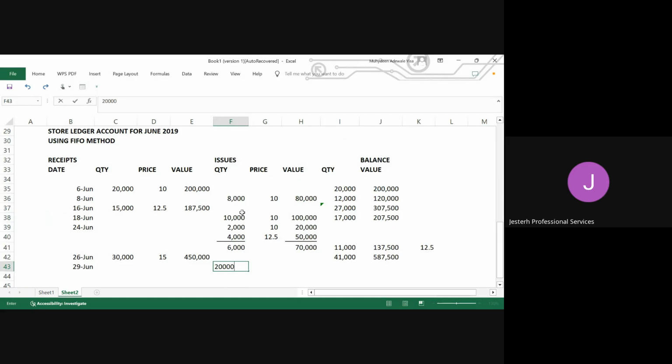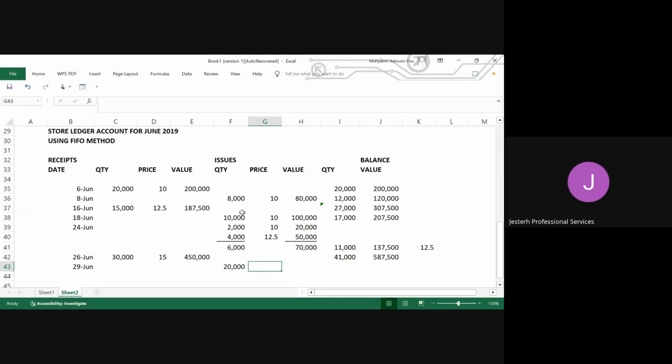Now this is another place where we need to do some breakdown. Our old stock that we have left in the store before is 11,000 units, and each of it is valued at 12 naira 5 kobo.